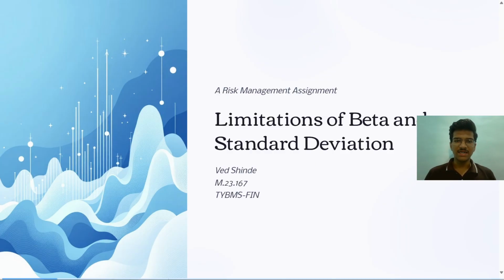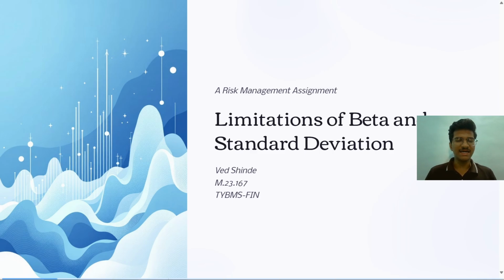My topic for today is the limitations of the two most important financial risk measurement tools, that are beta and standard deviation. These measures are widely used in investment analysis, portfolio construction, etc. While they provide useful insights into market behavior and volatility, they are not perfect per se.